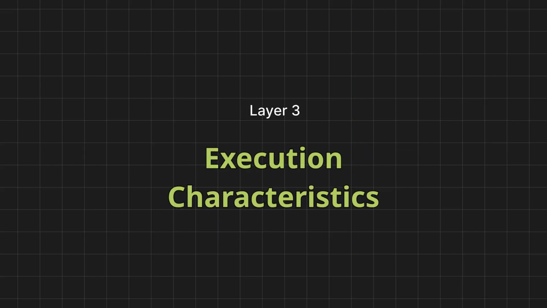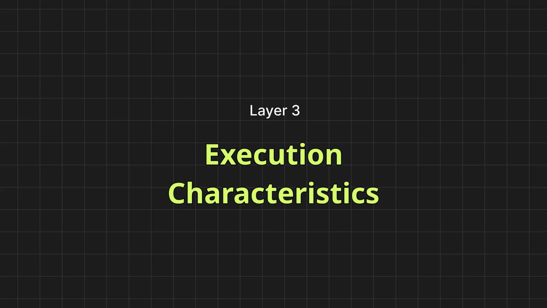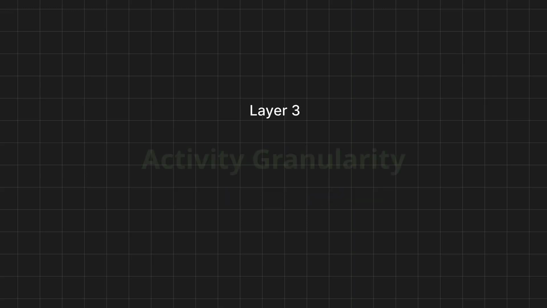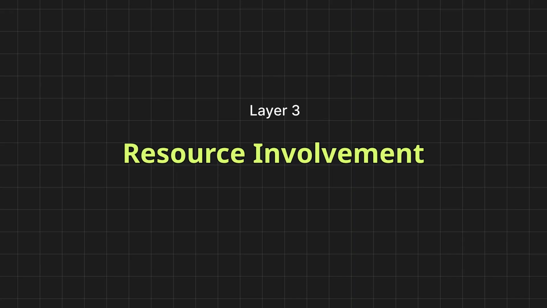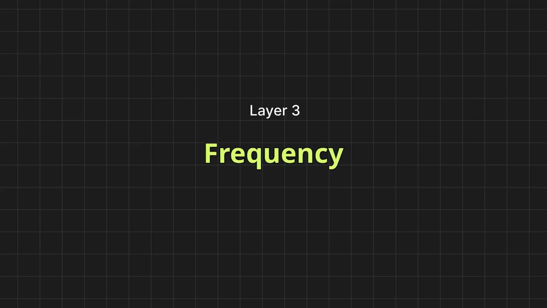Layer 3 relates to execution characteristics and describes how project management activities are conducted. It involves 3 categories: activity granularity, level of task detail, or time frame. Resource involvement, who is involved and what tools are required. Frequency, timing and repetition of activities, e.g., daily, cyclical, or milestone-based.